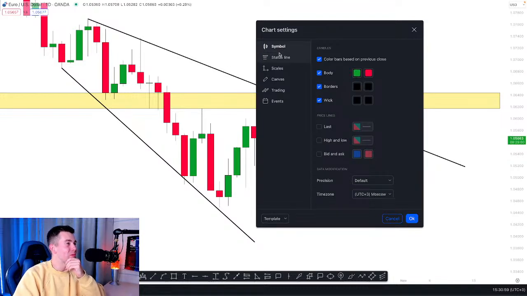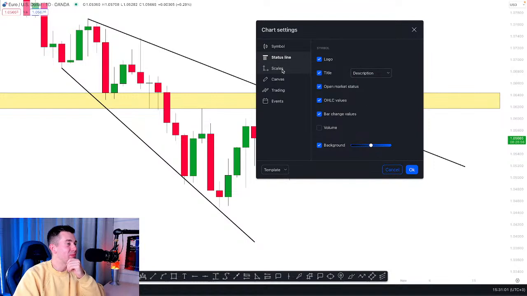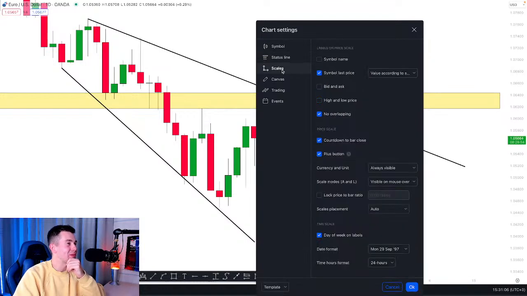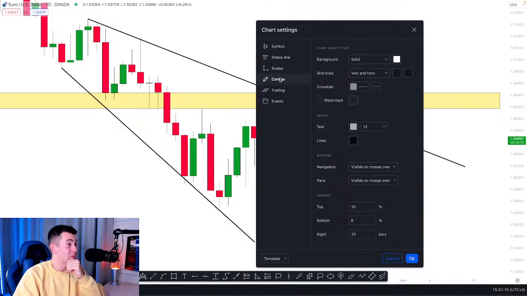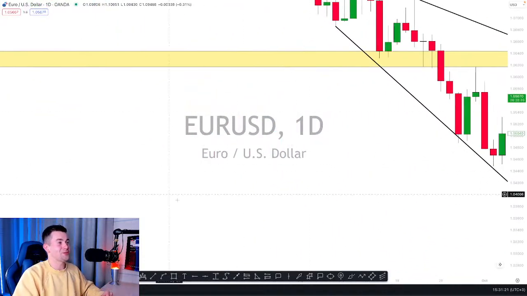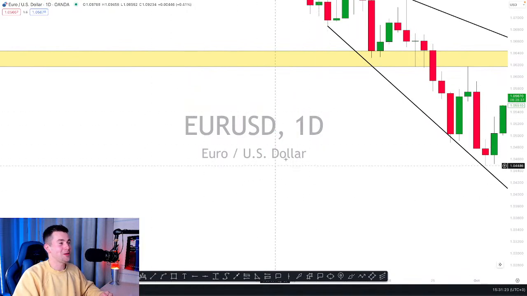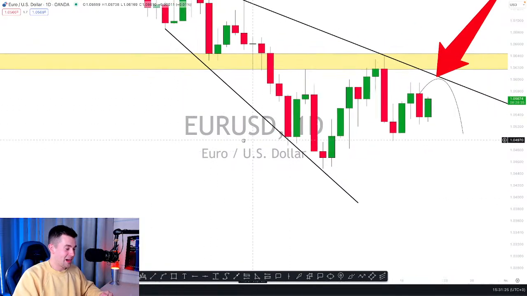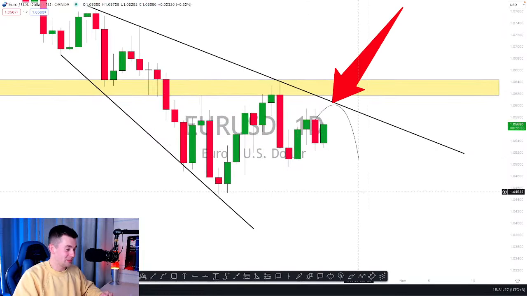Cheaters, those who remember where I can make the ticker bigger, let me know. Because for some reason, probably cheating, you changed the watermark. This one, yeah, it is the watermark. Yes, traders, I hope that now you can better notice what I analyze for you.